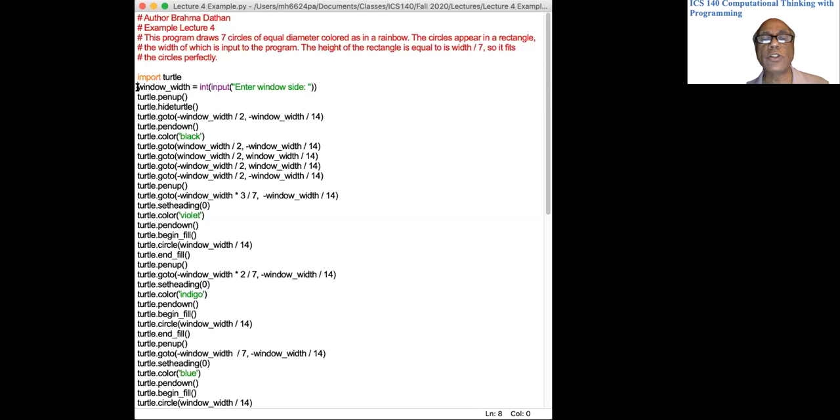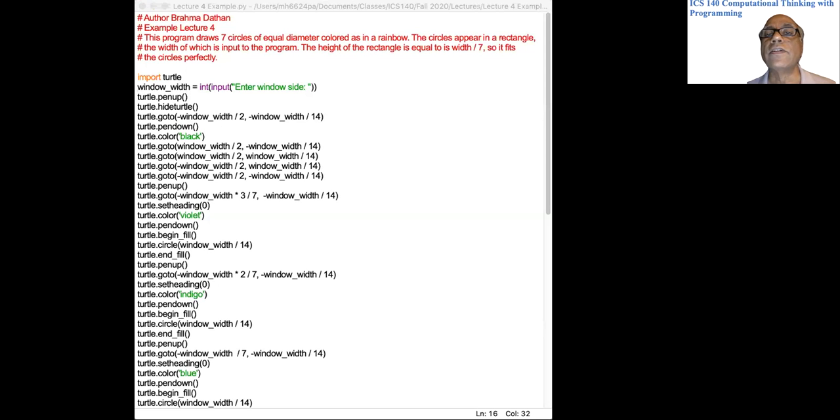So this is based on the pseudocode. Let me first show you how it works. So I give a window size of, say, 350. It draws the box and draws all the circles. If you understand the pseudocode, you are not able to see it.